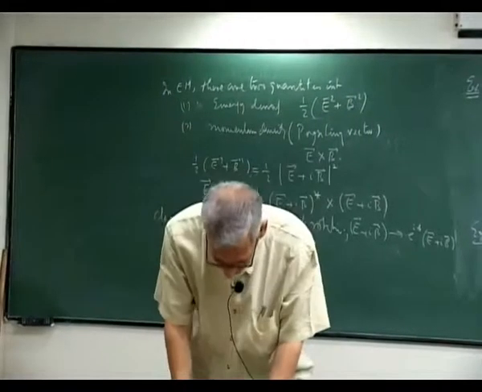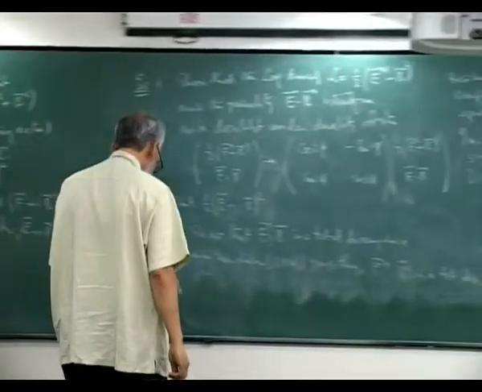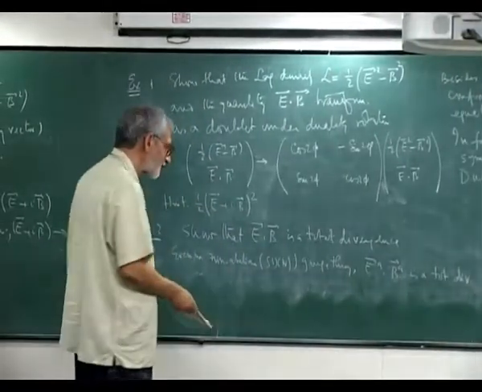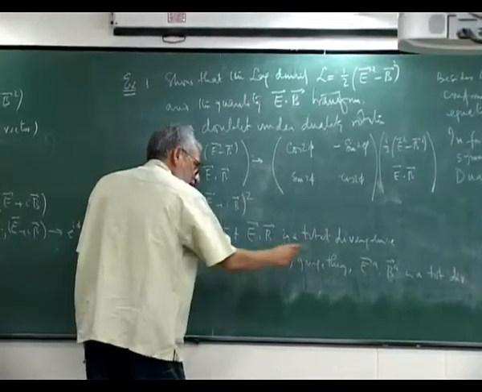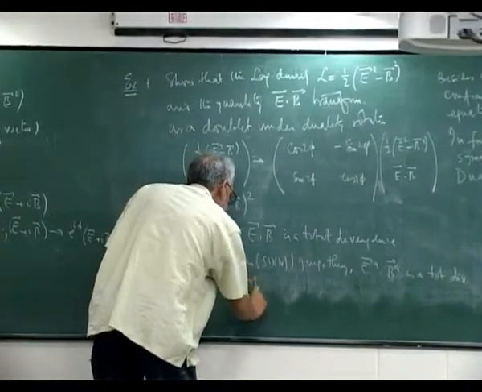So these are therefore topological currents. We'll understand them better when we analyze them. So E dot B is a total derivative and is a topological density.